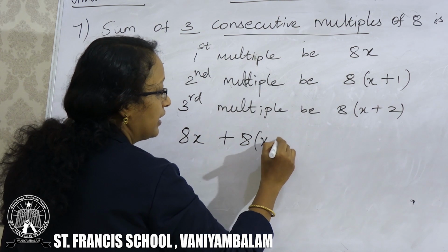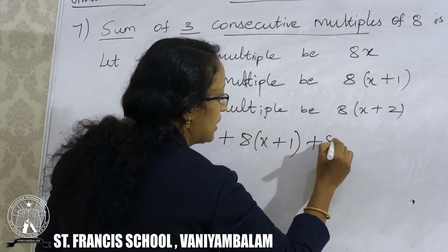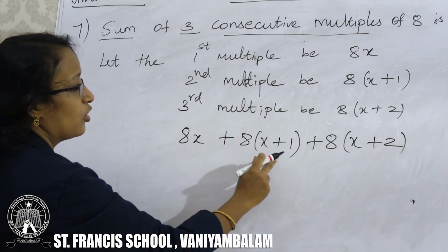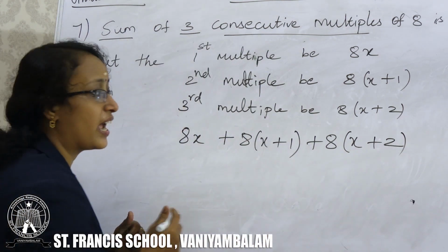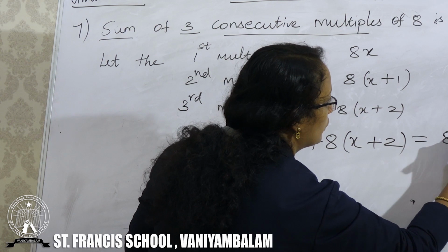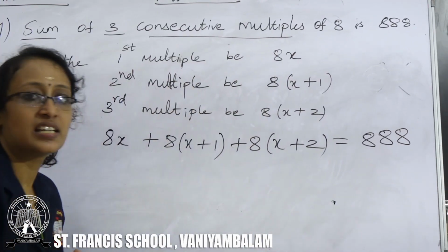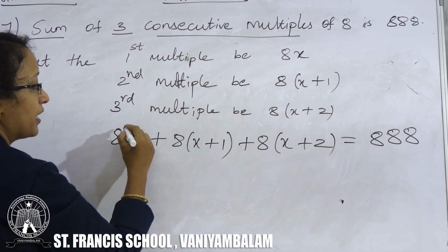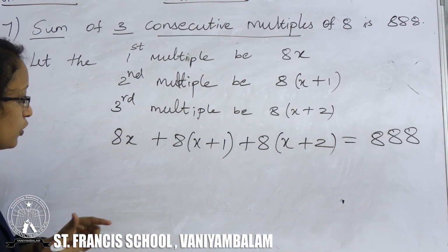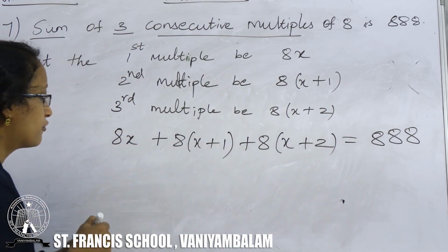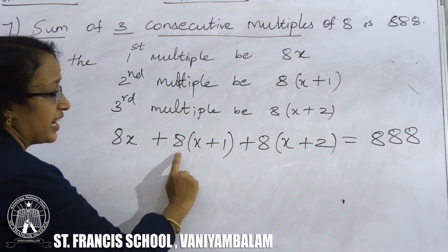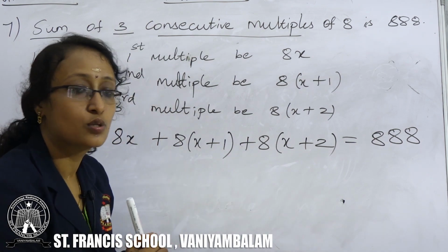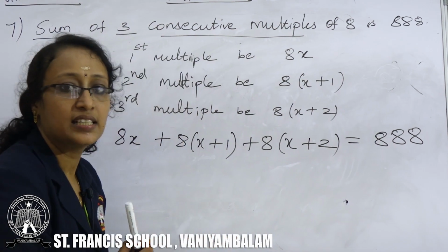So 8x plus 8 into x plus 1 plus 8 into x plus 2, the sum of 3 consecutive multiples of 8, is equal to 888. Now you can take the common number out. You have 3 terms here: the first term is 8x, the second term is 8 into x plus 1, the third term is 8 into x plus 2, equal to 888.